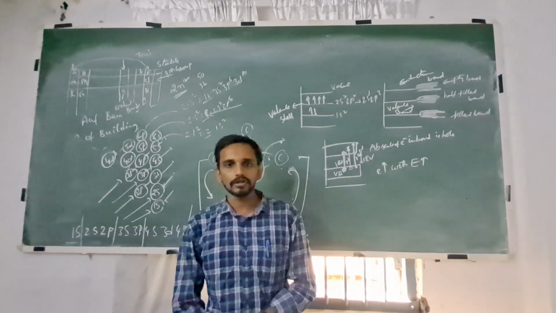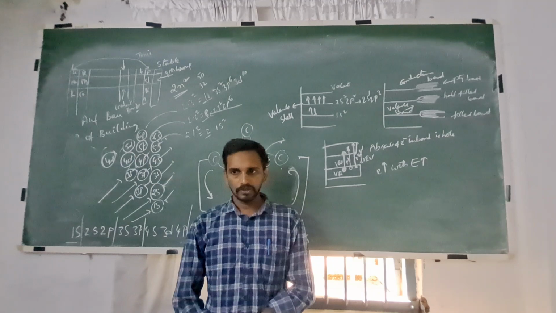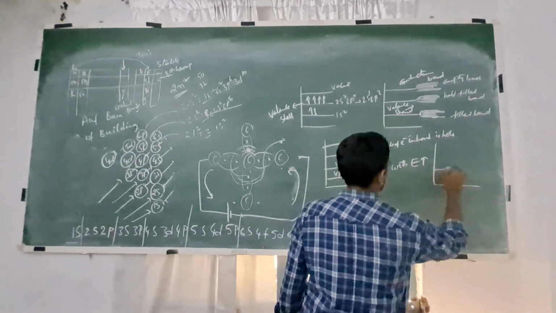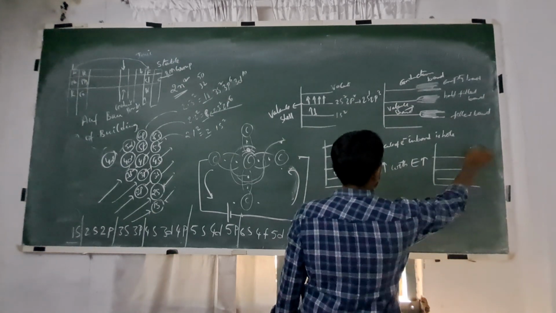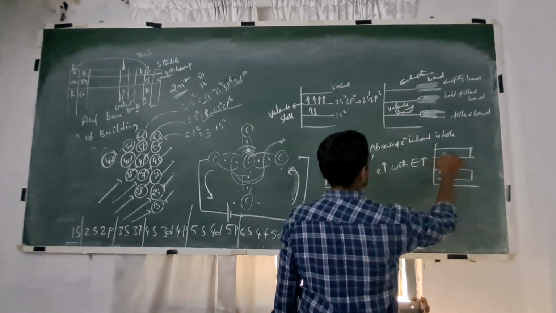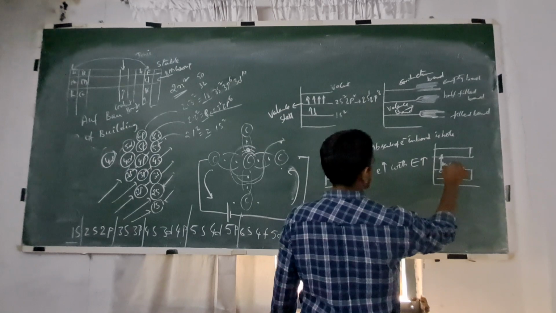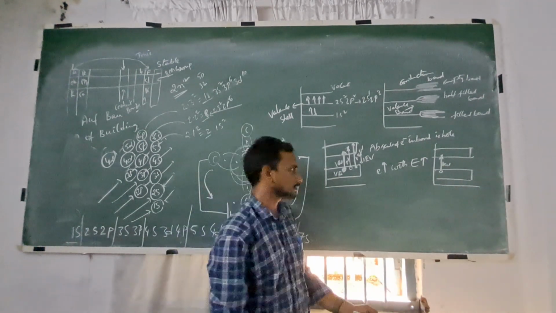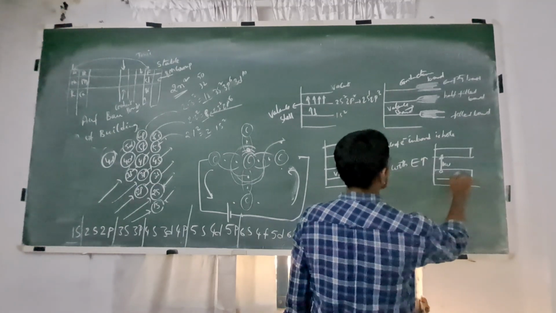What happens to the hole if I give energy? I want to see the location of the hole if I give the same amount of energy. I give 1 electron volt here, so the hole is generated here. If I give a little more energy, 1.1, now I can generate the hole from here.